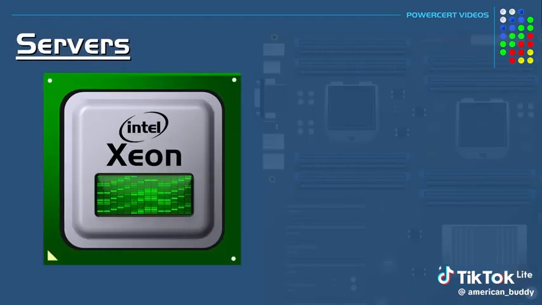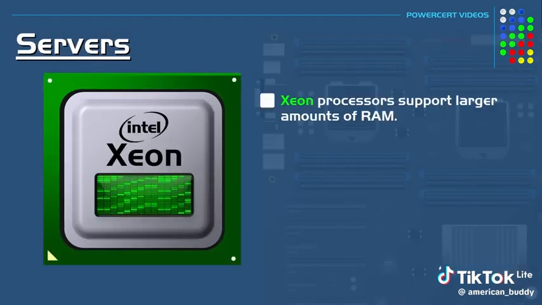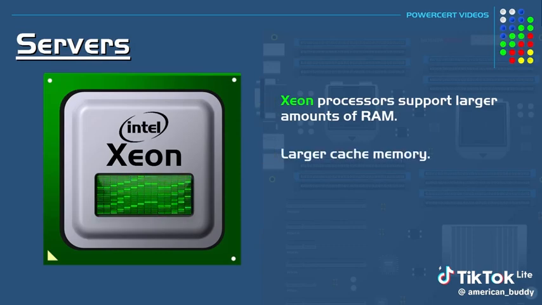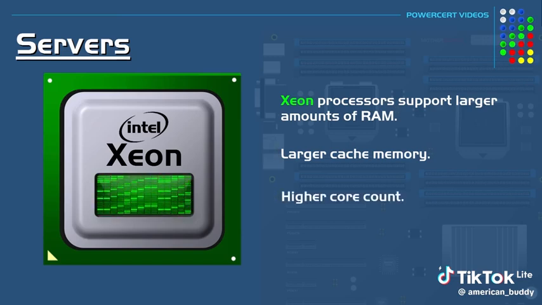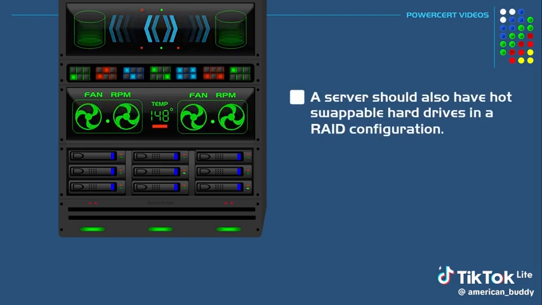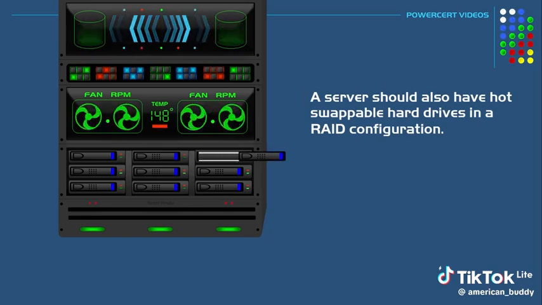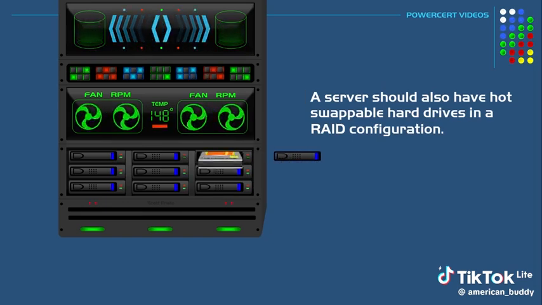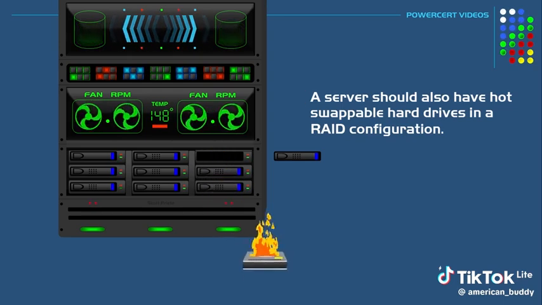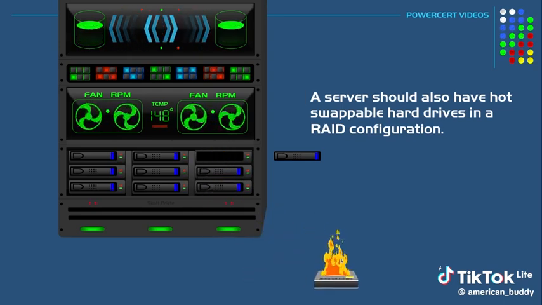Xeon processors can also support a larger amount of RAM. They would have a larger cache memory, and they would also have a higher core count than desktop processors. A server should also have hot swappable hard drives in a RAID configuration, because if a hard drive were to fail, no data loss would happen, and the server would still be up and running because of RAID.